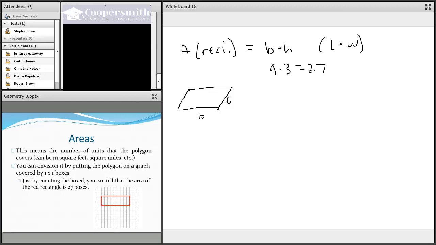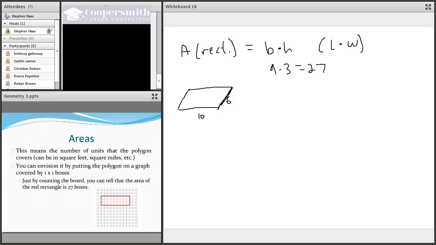If you do it on a diagram, you'll see why, but basically it's not going to be the exact same. Well, actually, I'm sorry. It would be the base times height, but the 6 is not the height. You see, the 6 is slanty, is diagonal.